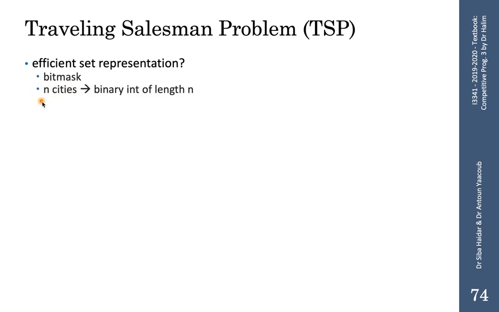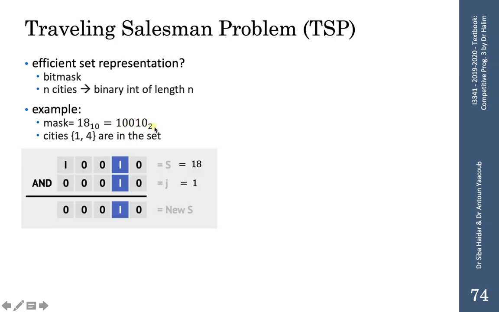If the number of cities permits, we know that we can represent the subset of visited cities using a binary integer of length n. Take an example. Suppose we have this bit mask, which is the value 18 in decimal, which is 10010 in binary representation.